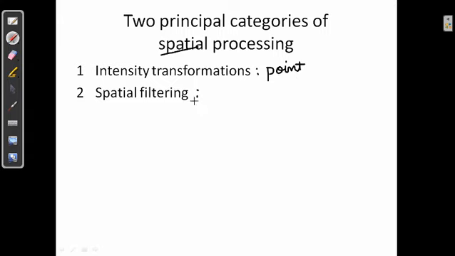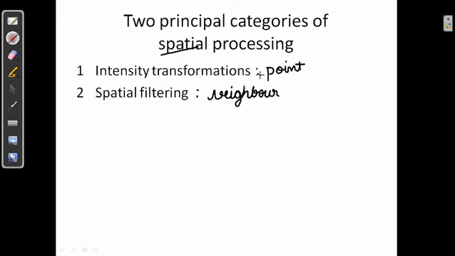Whereas in case of spatial filtering, we'll be considering the neighbor pixels. Whenever you consider a point, only that particular point will not be considered. The neighbor pixels which are present around that point will be considered.